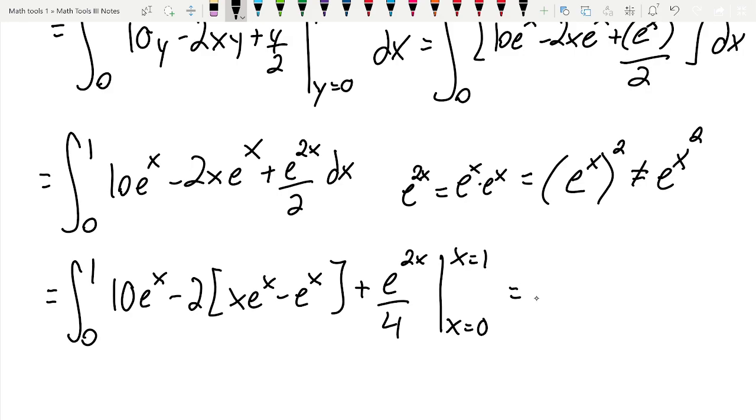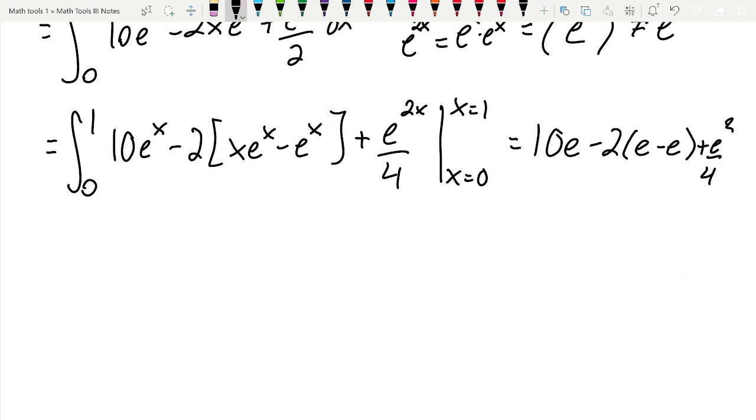So we have 10e minus 2 times e minus e, plus e squared over 4. Now we can't ignore the 0 term here.